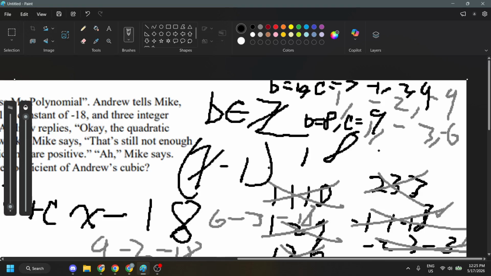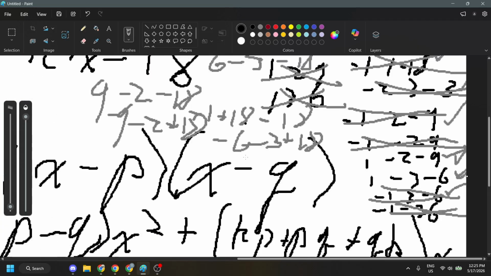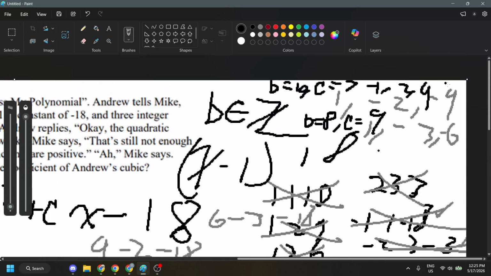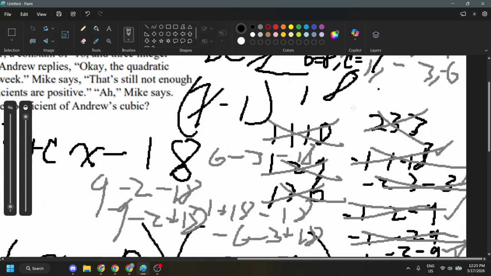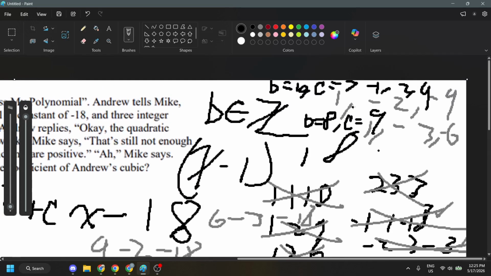That adds up to 10. Okay, so that would make B 10. What would C be? C would be 18 minus 9 minus 2, which is still positive. Darn. Okay, I don't think we can make anything else like that.